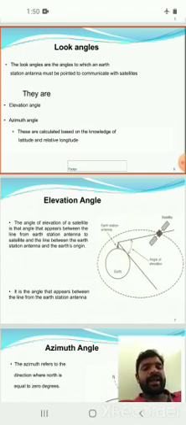These are calculated based on the knowledge of latitude and relative longitudes. That means look angles are used to measure or point the position of the satellite from the earth station. Latitude and longitudes are used to measure the look angles, or satellite position, from earth station to satellite.